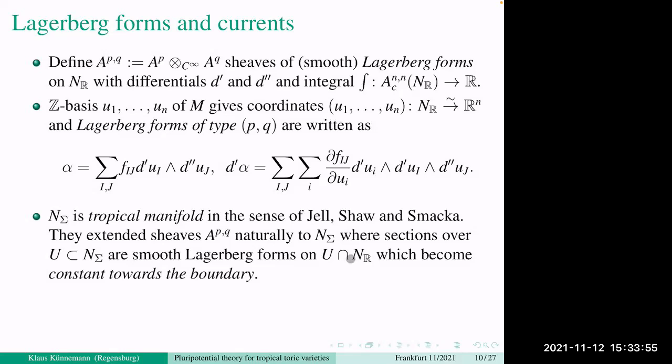And the condition at the boundary is that my form becomes constant when I go to the boundary. Yeah, so recall, whenever you have a boundary component, you have a projection map to the boundary. And you want that your differential form comes by pullback from the boundary along this projection map. Not everywhere, but at least close to the boundary.